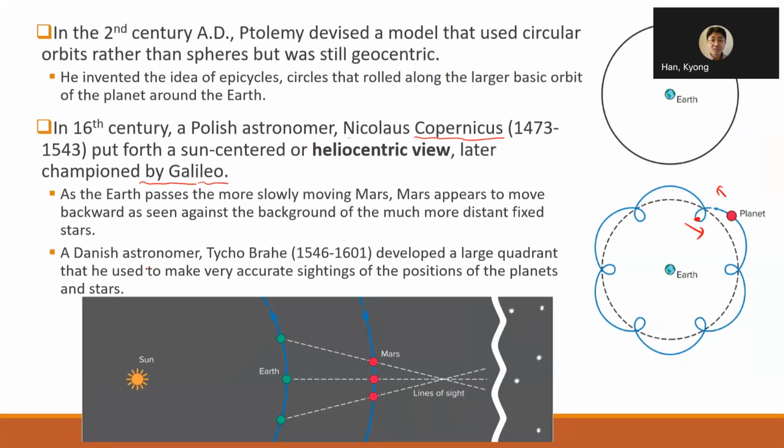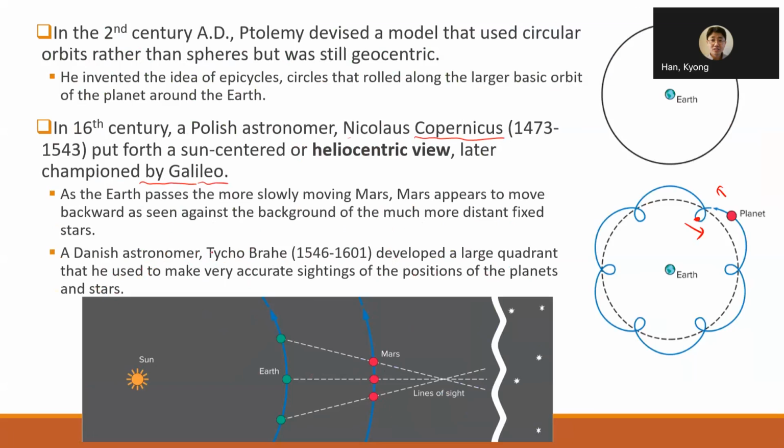Then the Danish astronomer Tycho Brahe developed a large quadrant that he used to make very accurate sightings of the positions of planets and stars.